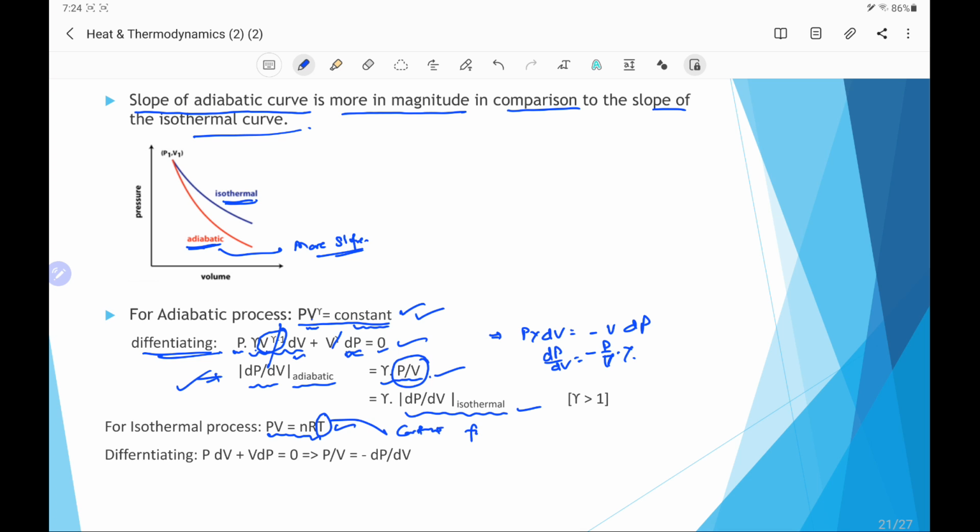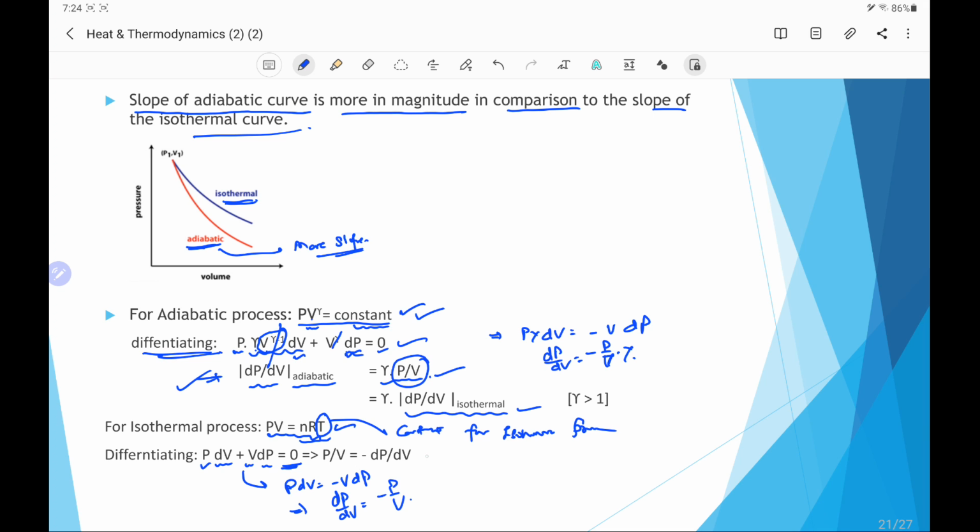If T is constant, then on differentiating, first function times differential of second plus second function times differential of first, and this whole term nRT is constant, so its differential will be 0. Now from this equation we can write P dV equal to minus V dP, which implies that dP by dV equal to minus P by V.